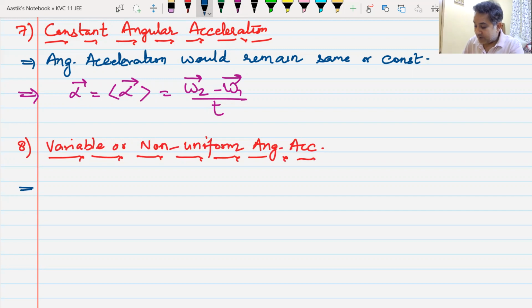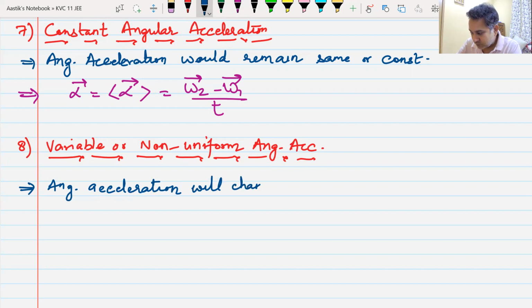In variable or non-uniform angular acceleration, your angular acceleration will change with time. Do we understand this? Yes or no?